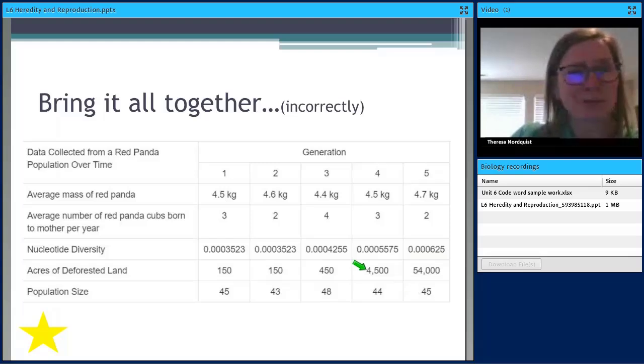So this is another issue I bring up. If you're hacking out land, if you're destroying habitat, it's most likely that the population size is going to decrease. So I find that a little odd. Maybe it wouldn't, but most likely, especially if you're taking out 54,000 acres of land, you would expect that there's going to be a decrease in the organisms that live in that habitat. But whatever, it is whatever.